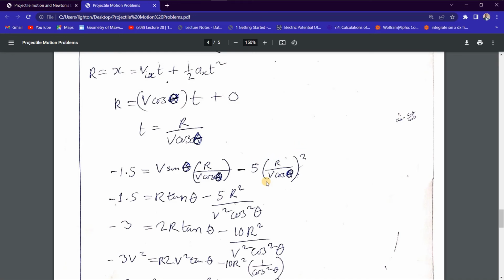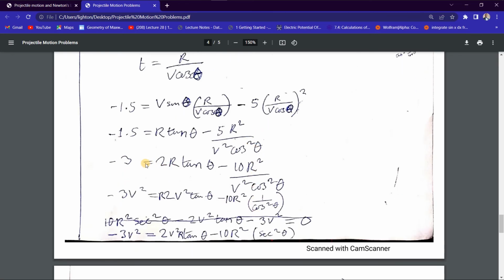Minus 5R squared over v squared cos squared theta. Alright, so we can multiply both sides of this equation by 2. When you multiply this by 2, you're going to get 2R tan theta minus 10R squared over v squared cos squared theta.